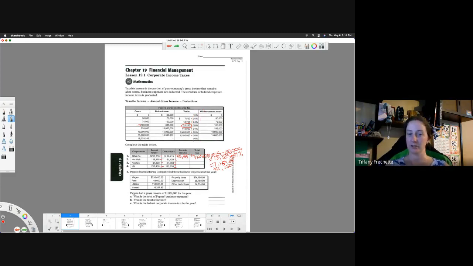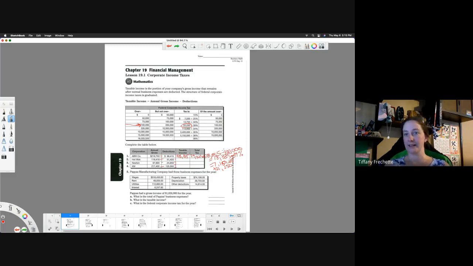So again, just looking at number one, I subtracted, and I have my taxable income. I identified my column here. So this is the one I'm looking at. So I know it's going to be $22,250 plus 39% of the amount over $100,000. So of the amount over, that's talking about, it's this percentage of the amount over this.